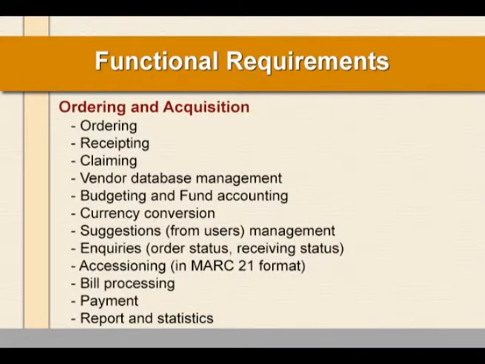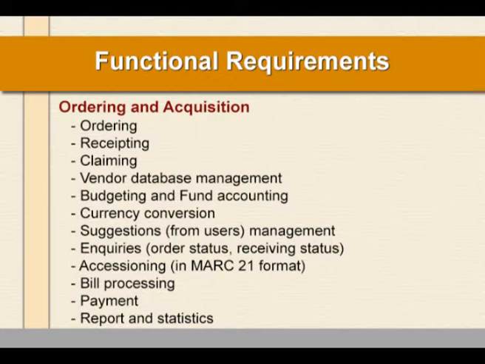Now, if we move towards the functional requirements level, we have already studied the functional requirements that are at the least to be supported by the library automation software. So, for functional requirements, you need to study the ordering and acquisition process. Ordering and acquisition involves ordering of a particular document, receiving of a particular document.